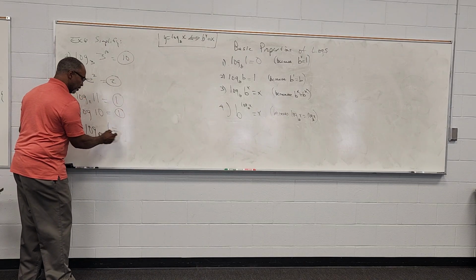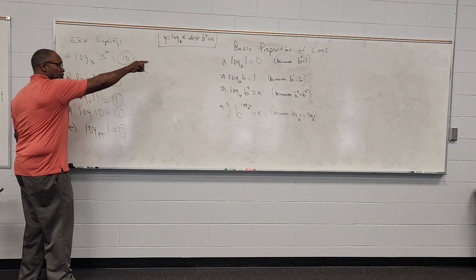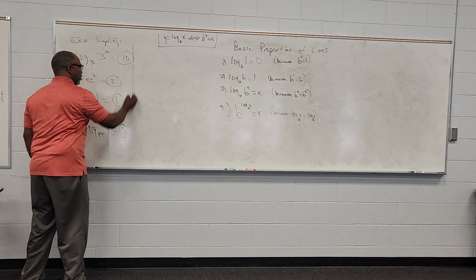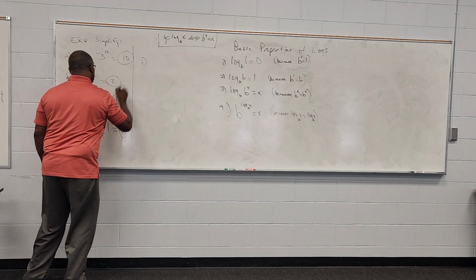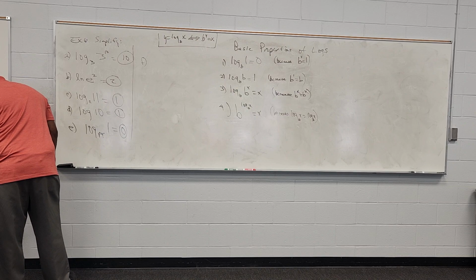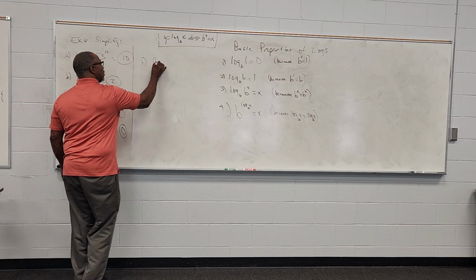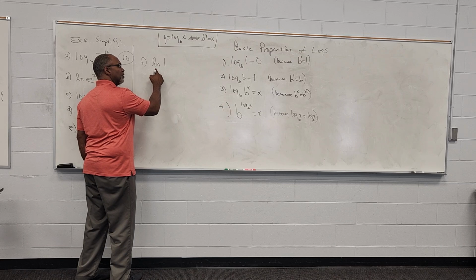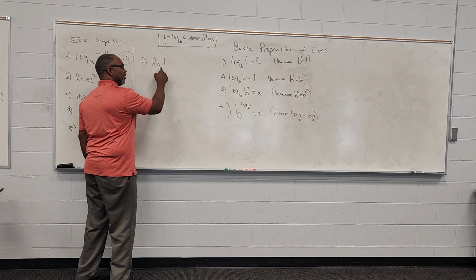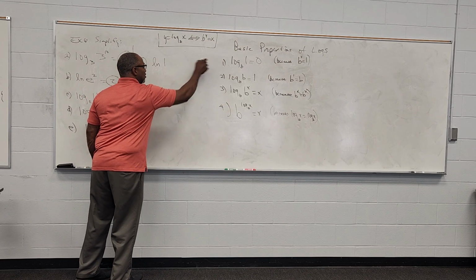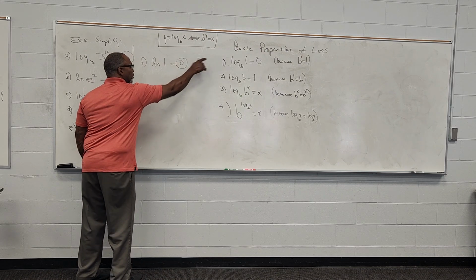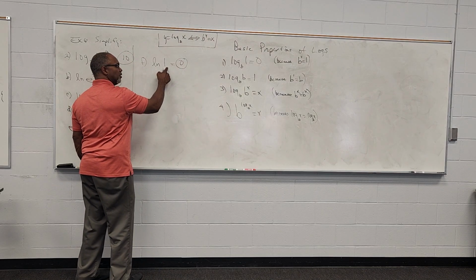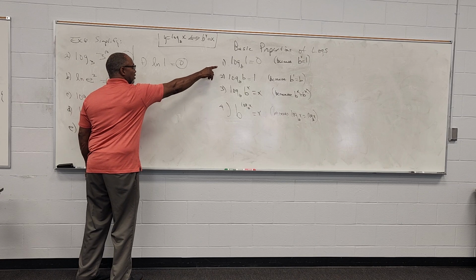Property number 1. F, they say ln of 1. Again, ln means log to the base e, and again, log to any base of 1 is 0, according to property number 1.